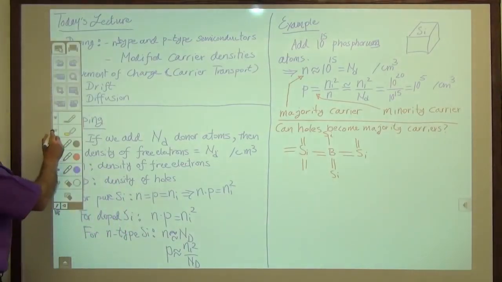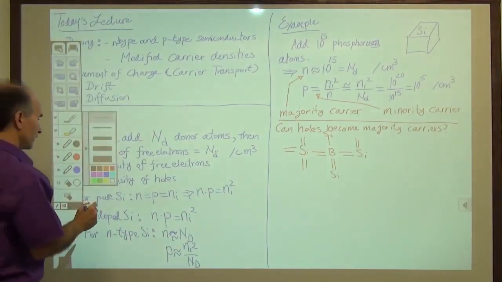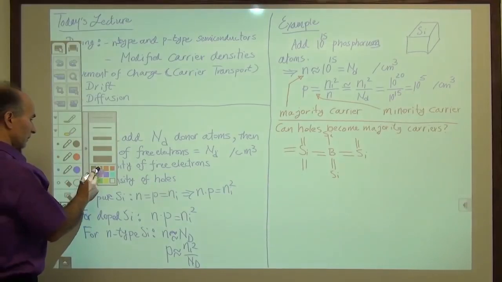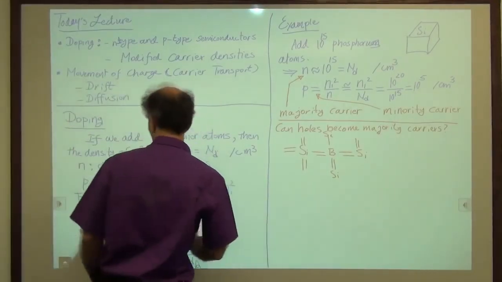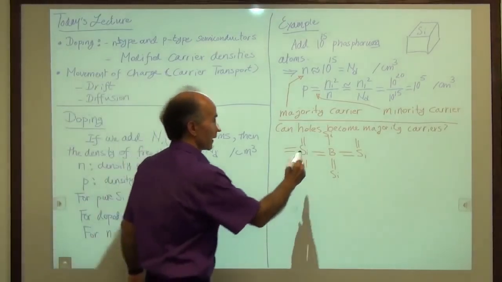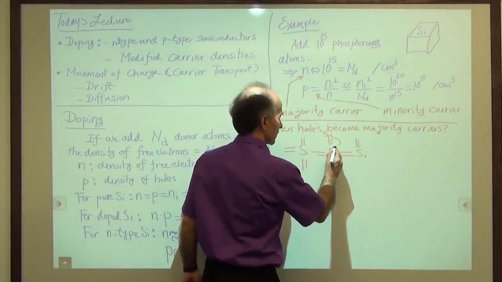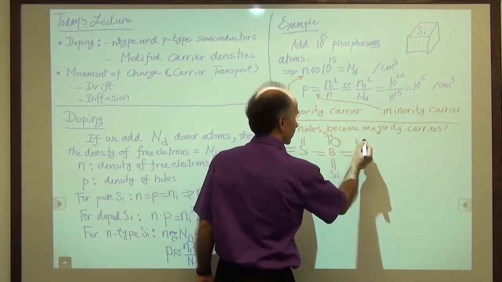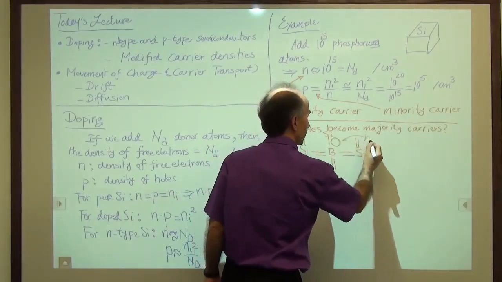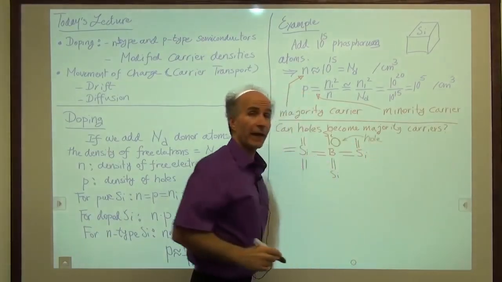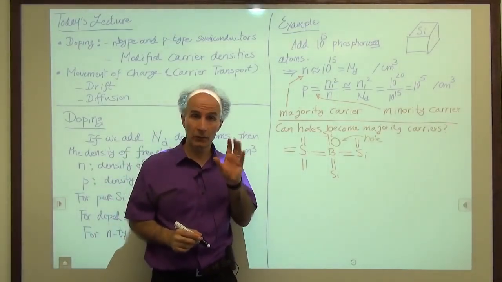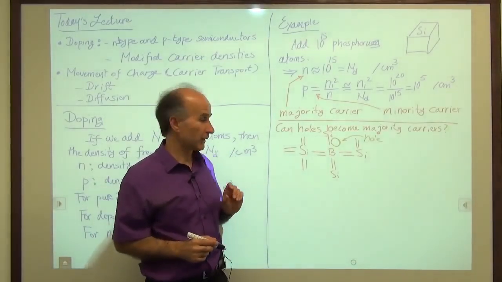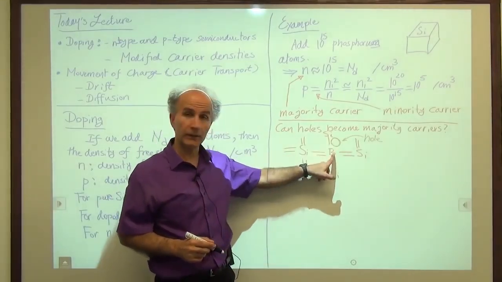Let me change the color of my pen to brown maybe. So we end up with a hole here, and that hole is above and beyond the holes that the pure silicon already produced. This is a different type of bond, right?